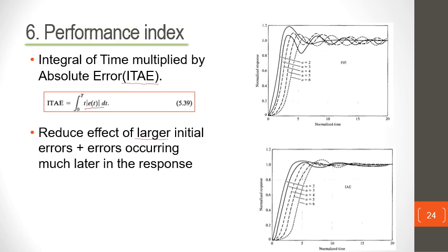The first category is large initial errors, because initially t is small, but when t is small, if the error is large, then it will look at the large initial errors, and later it will also try and reduce the impact of errors which occur late, because when an error occurs late, t will be much bigger, so it will punish any error that's big that occurs late.